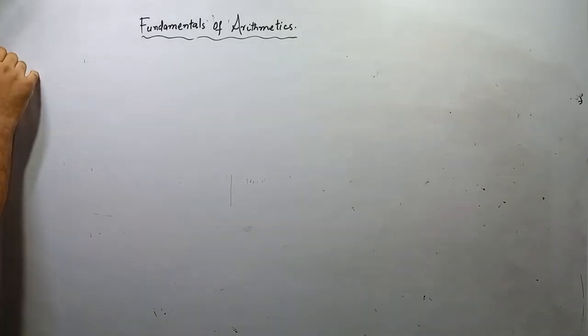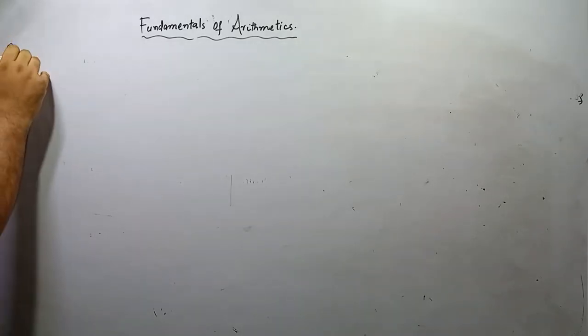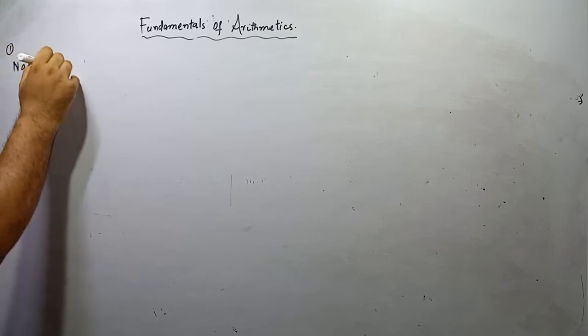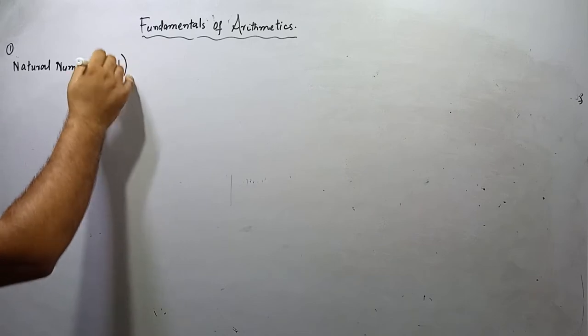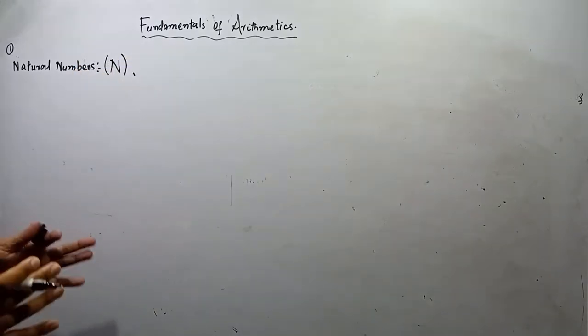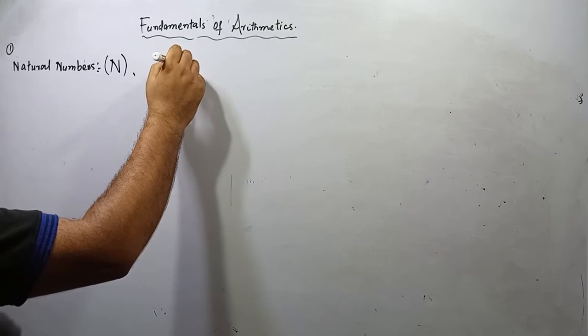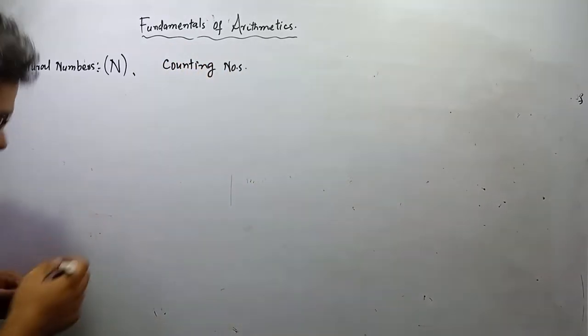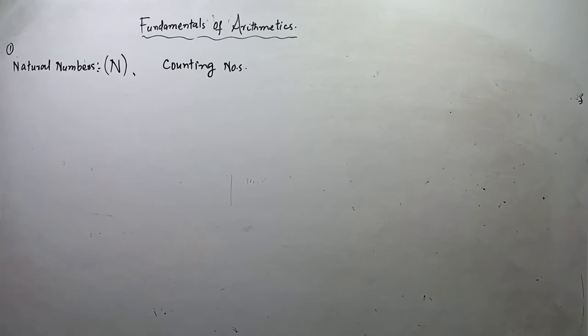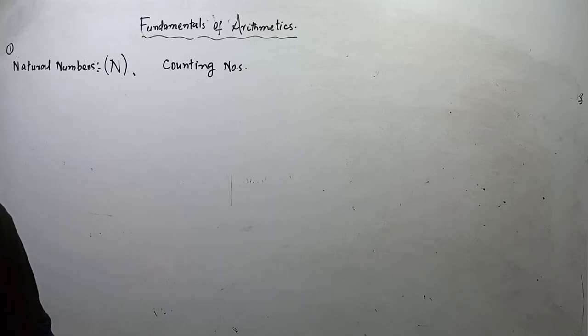The first one is the group of natural numbers. Natural numbers are denoted by capital N. What are natural numbers? All counting numbers are called natural numbers, that means the numbers which we use in counting. For example, if you have to count the strength of your class, how will you start?